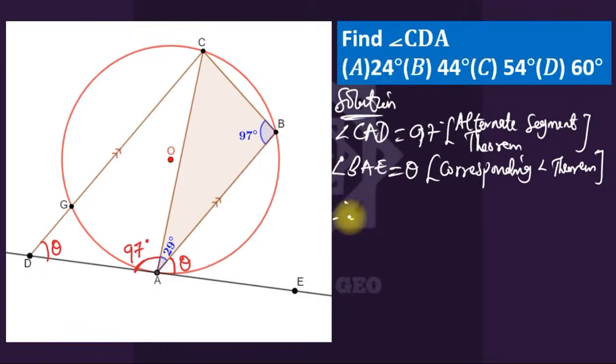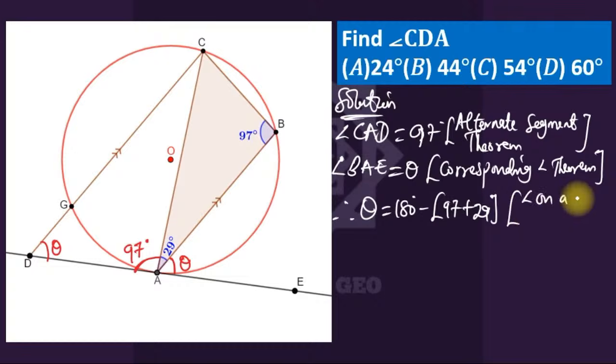So if we sum, therefore theta will be 180 minus the sum of 97 and 29 based on angle on a straight line.